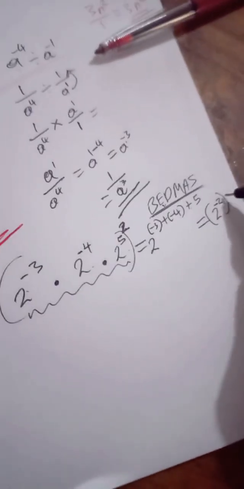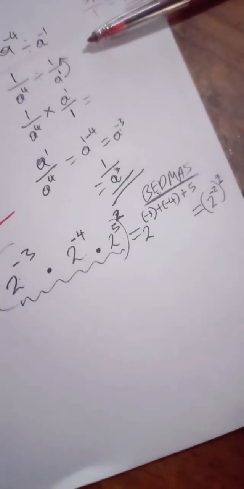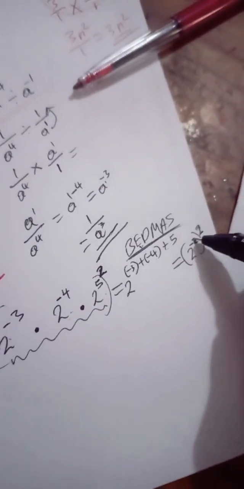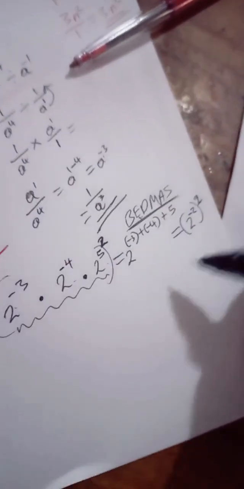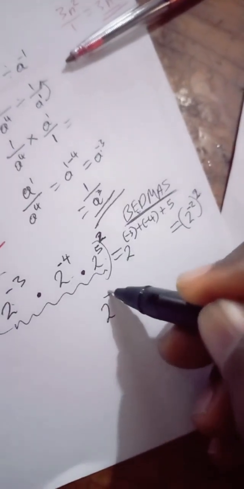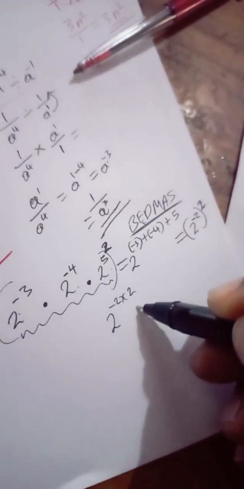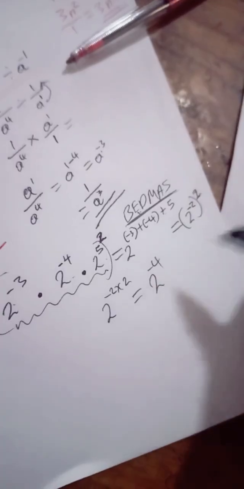So we put it to the power 2. This 2 is being affected by this. So we say 2 to the power negative 2 times 2, which is 2 to the power negative 4.